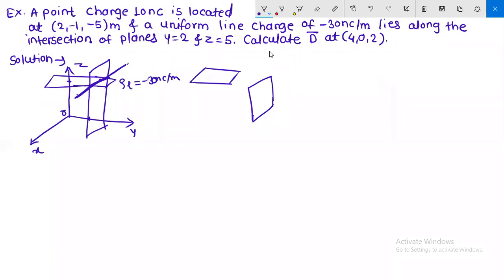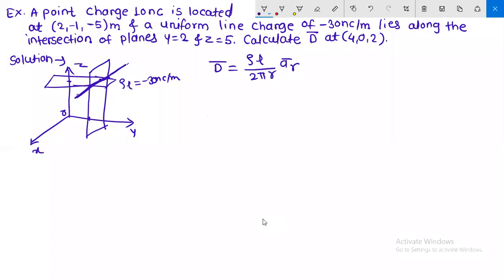Now tell me, how to find D bar due to a line charge? What is the formula? Rho L upon 2 pi r into a bar r. Correct. Now rho L is already given.